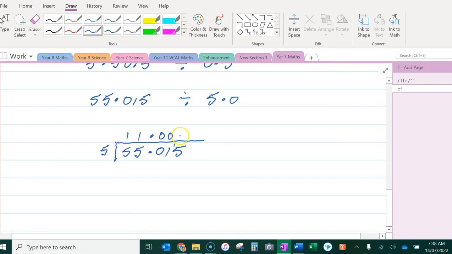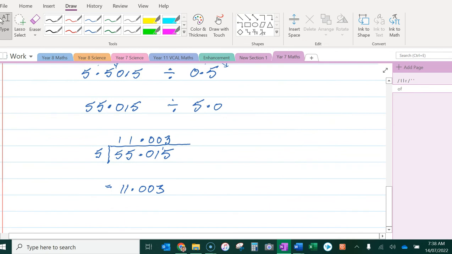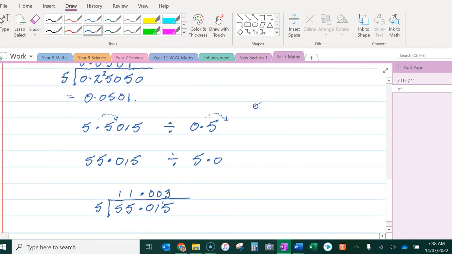I carry the 1. That's 5 into 15 goes 3 times. So the answer equals 11.003. So that's how I convert it. I multiply the divisor, which is this one, and make it a whole number. Once you've made it a whole number, you just lay it out as a normal sum.